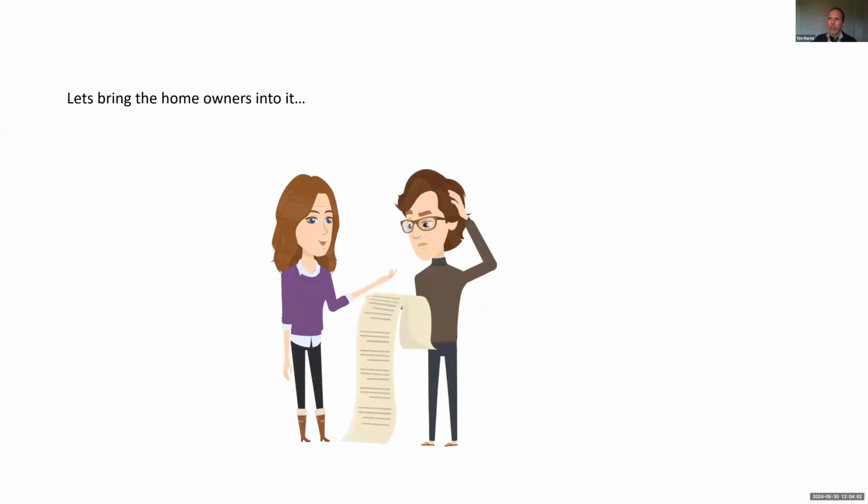I think right at the beginning, I want to bring the homeowners into it. It could be the homeowner, or the owner of the housing association, the directors of that, or the owners of a commercial building, there might be directors of that.